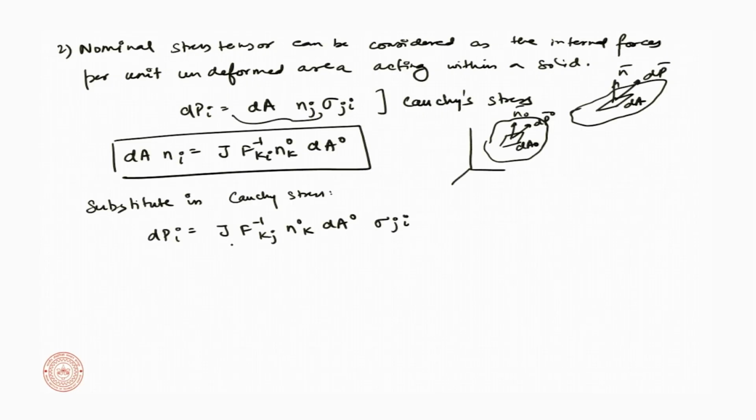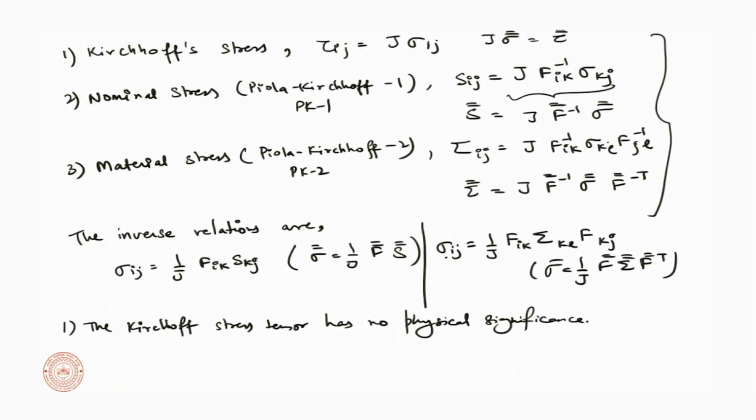Okay. Now, let us club a few terms together. So, we can say dA naught into n naught k into j F inverse kj sigma ji. This, if you look at the previous definition, F ik into kj.